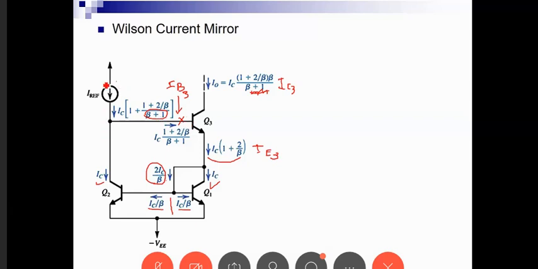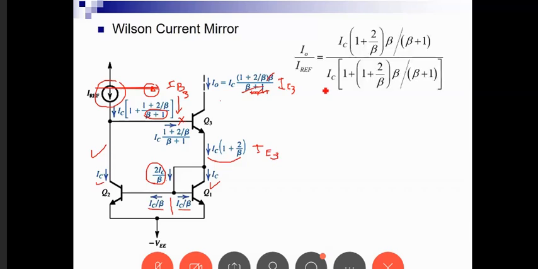Now I reference becomes IC plus a small term, a small delta here. And IO also becomes IC plus some other small term, beta over beta plus 1, which we can consider gone, so this has an error term. The people who derived the full equation came up with a complex equation, which they later proved is approximately a proportional error of 2 over beta squared.